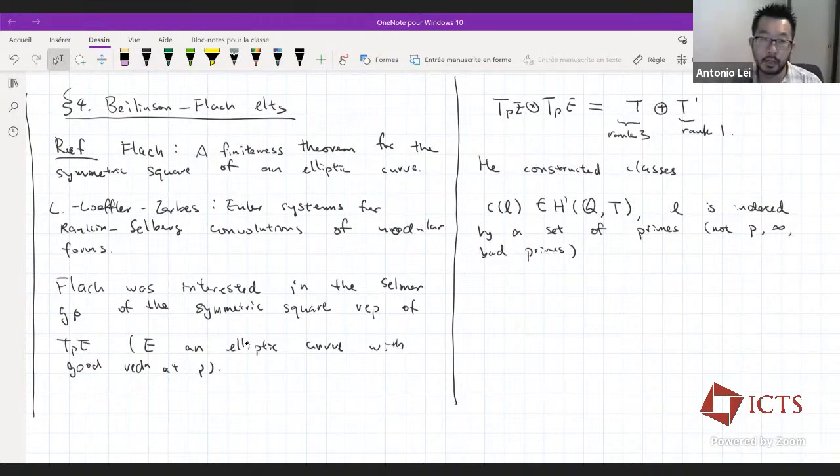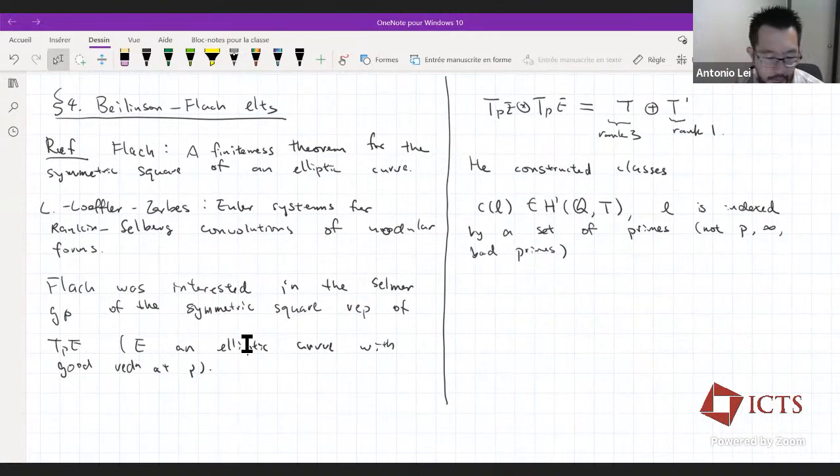Then he used Kolyvagin's method for using this set of classes to give some finiteness result on the Selmer group of the symmetric square.